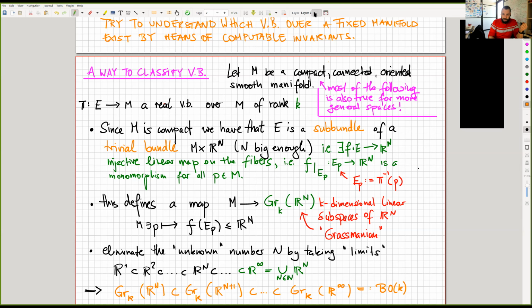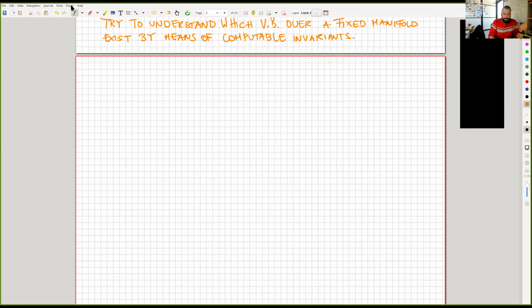And this can be constructed as follows. Well, you know that you have this open covering of M, and you know that over every U_i, which we denote by E restricted to U_i, this is something like U_i times R^k, right?